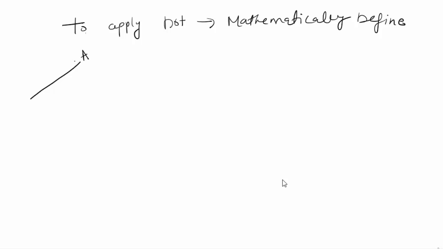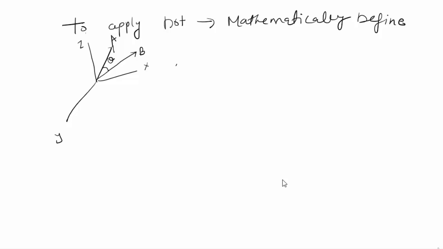This is a vector A and this is another vector B, represented in a Cartesian coordinate system with x, y and z, and the angle between A and B is theta.